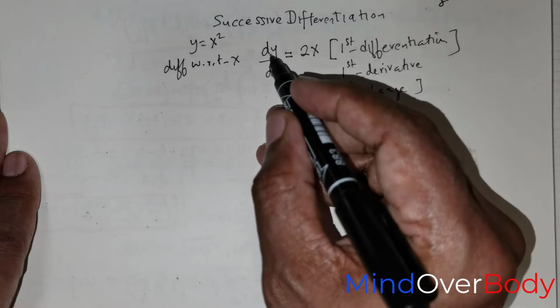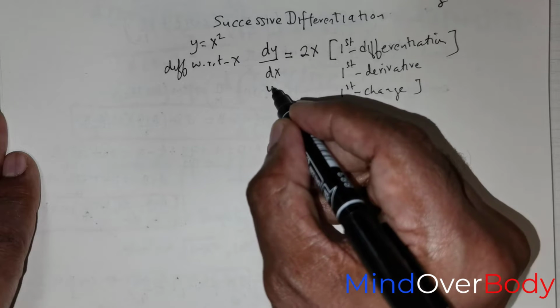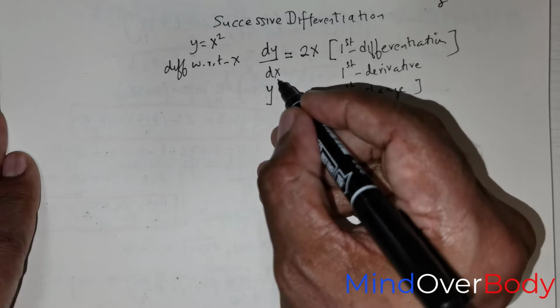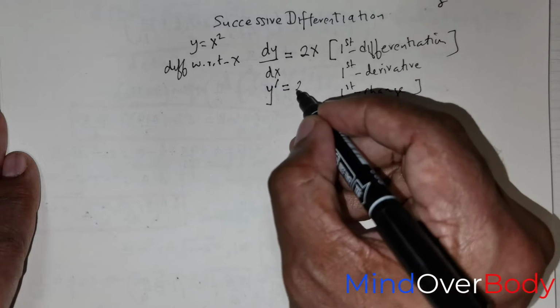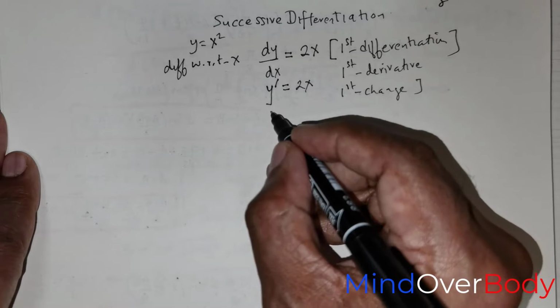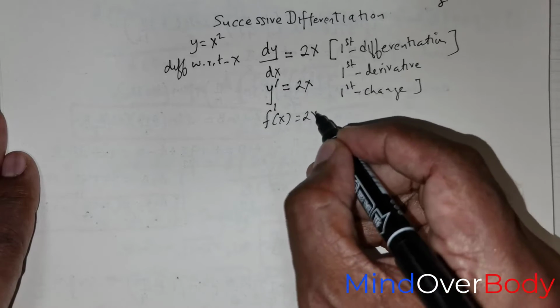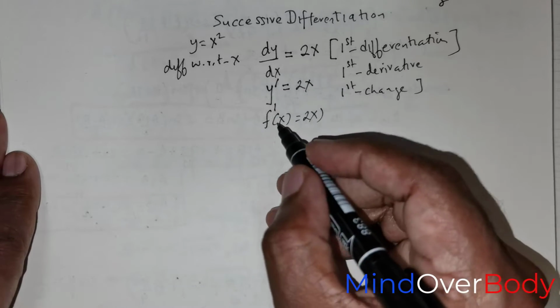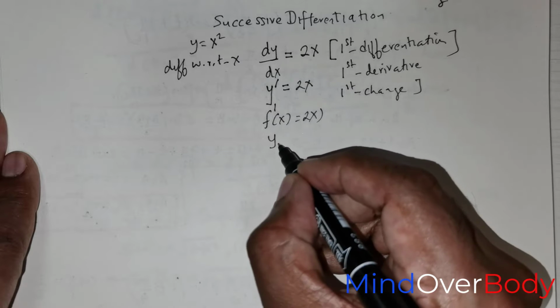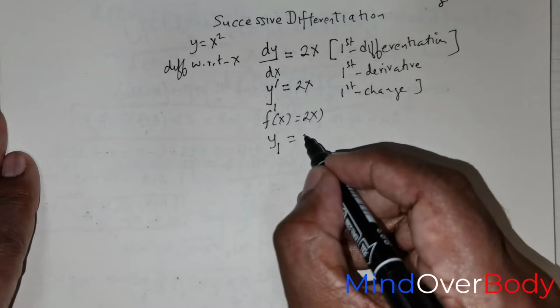So instead of saying dy over dx, I can simply state here y dash is equal to 2x, or f dash is equal to 2x, or y1 is equal to 2x.